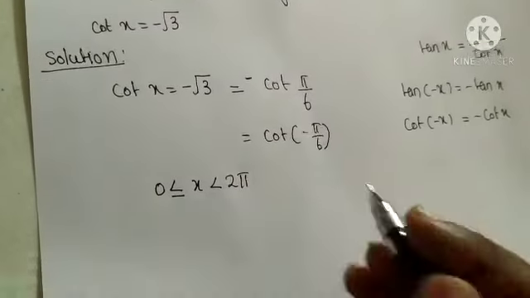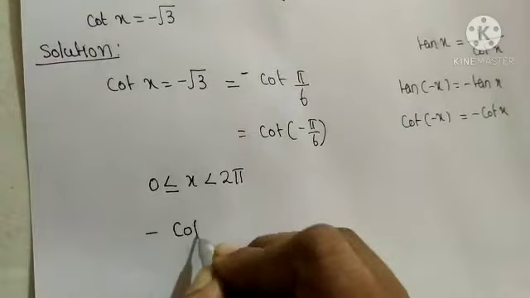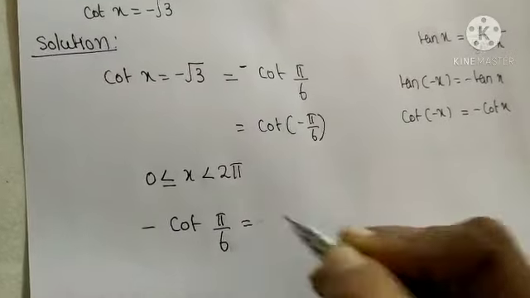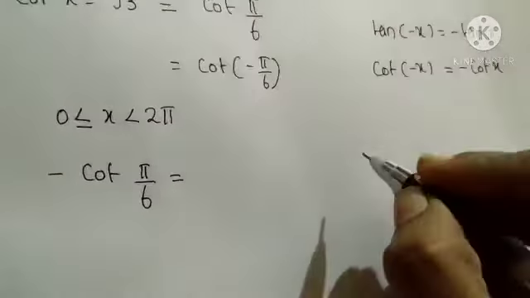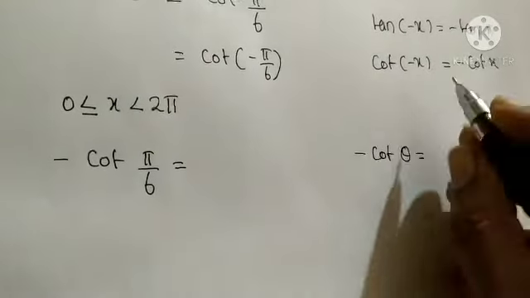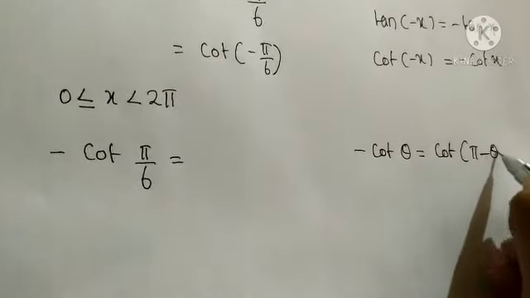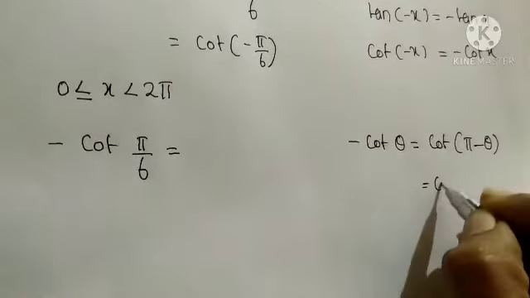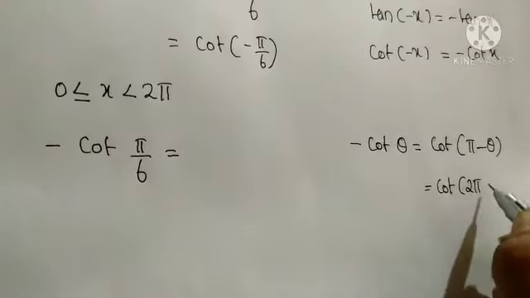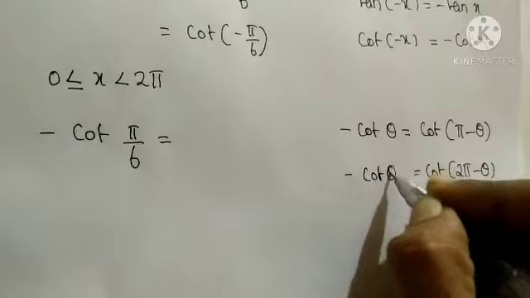So next I am going to write this minus cot theta, minus cot pi by 6. So listen carefully. Minus cot theta is equal to, this can be also written as cot pi minus theta, or cot 2 pi minus theta is also equal to minus cot theta.